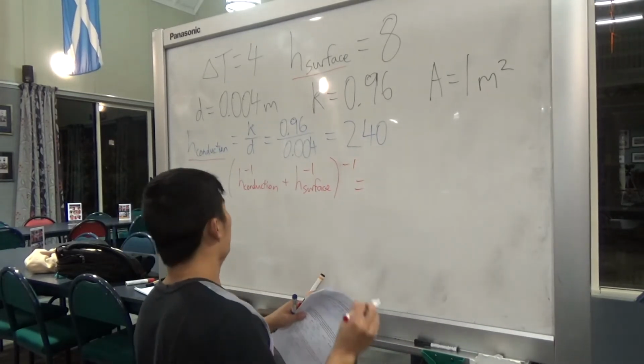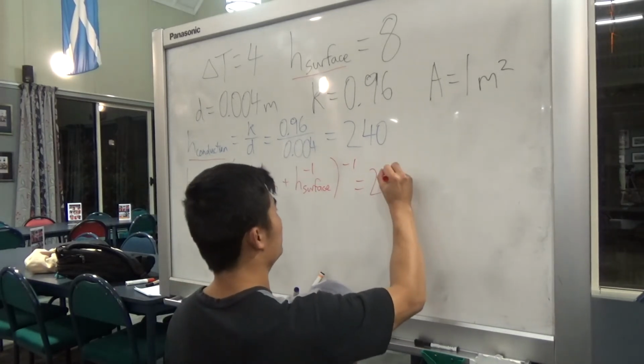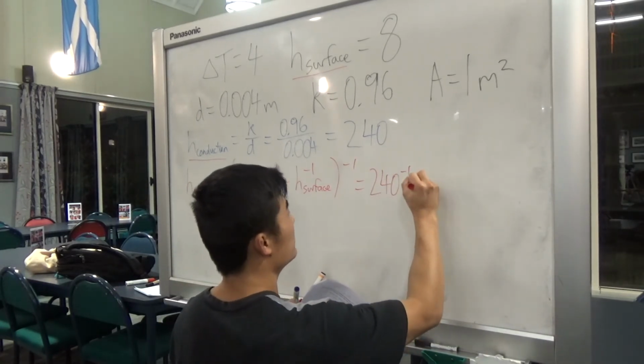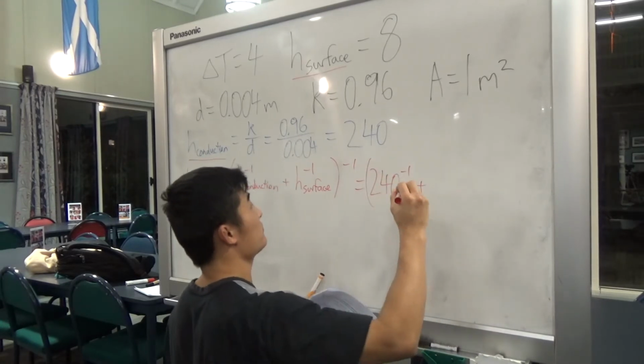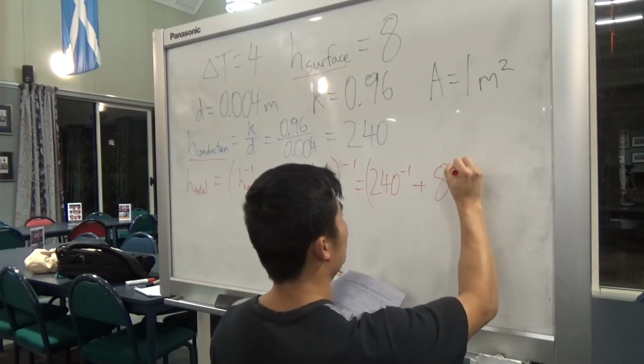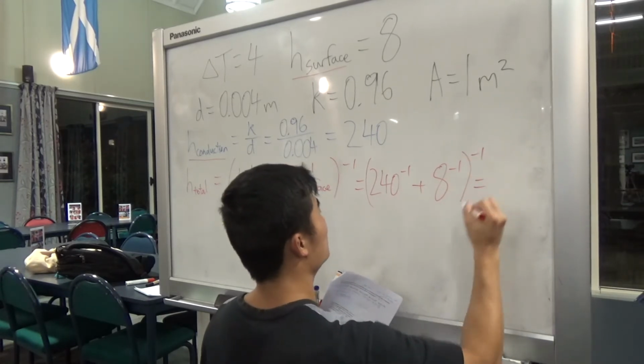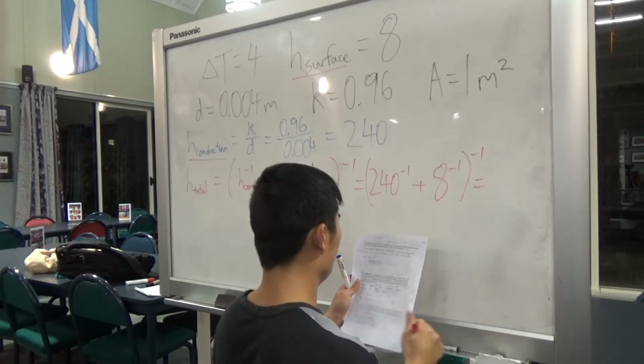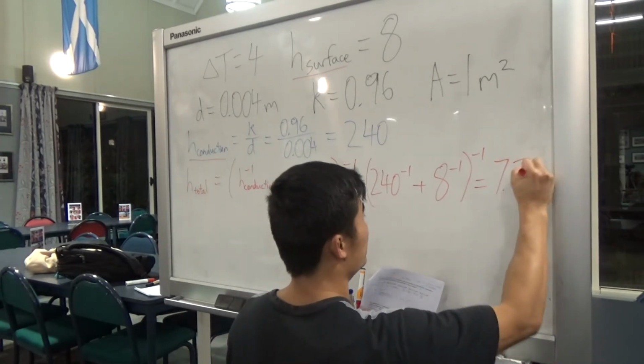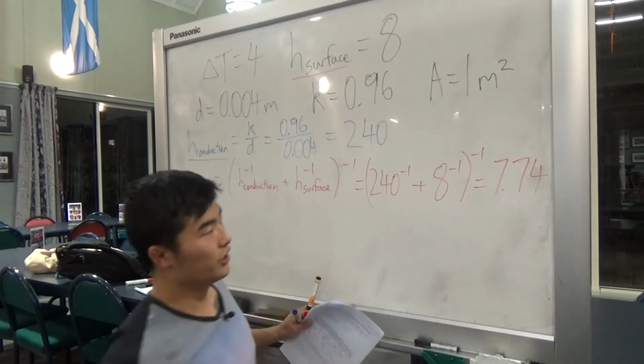So H of conduction is 240, 240 to the power of -1 plus 8 to the power of -1, and then all of that to the power of -1. So that will give you 7.74. So that's your H total.